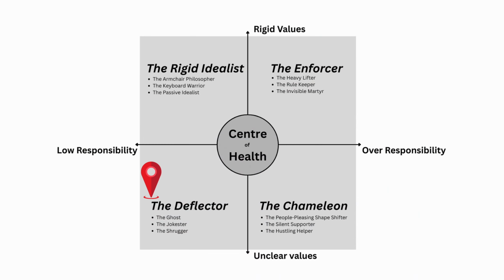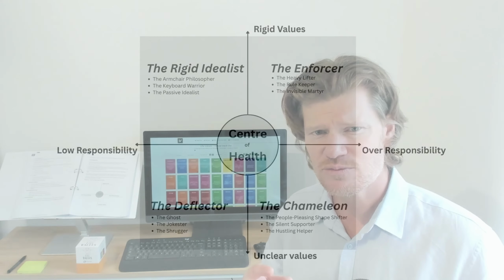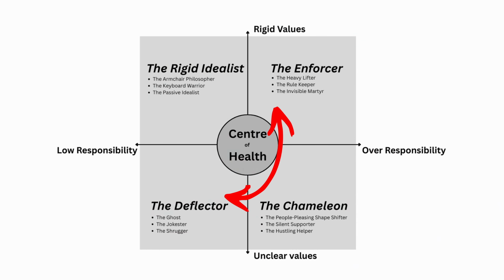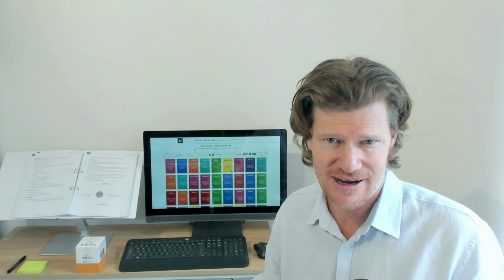And he'd say, "What's the point?" So that's deflector territory. So his pattern was a little bit like this. He'd try harder, and then things would get tense, they'd get defensive, and then he'd withdraw and feel guilty and feel down and flat. And the cycle would repeat, and he would try harder again.